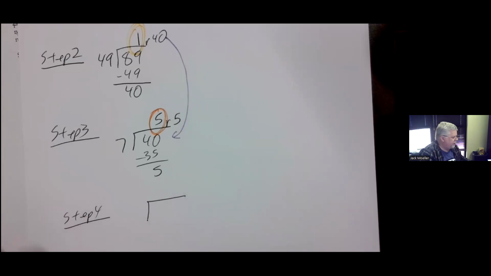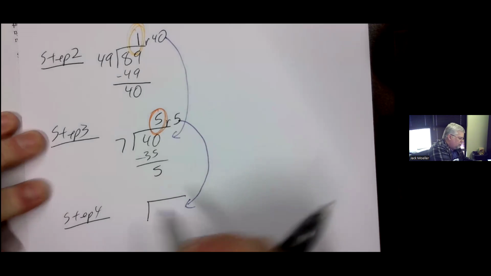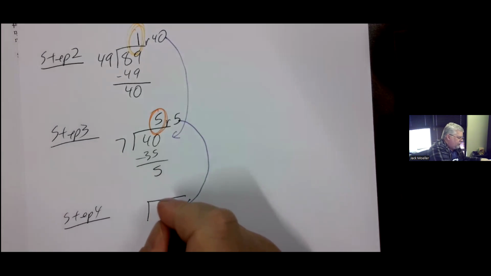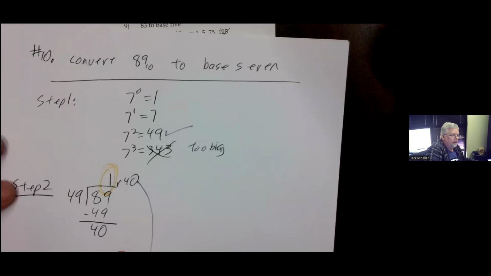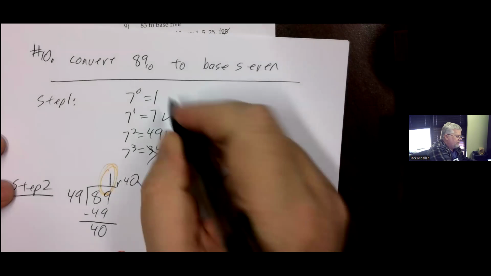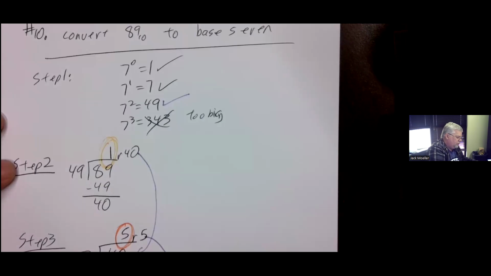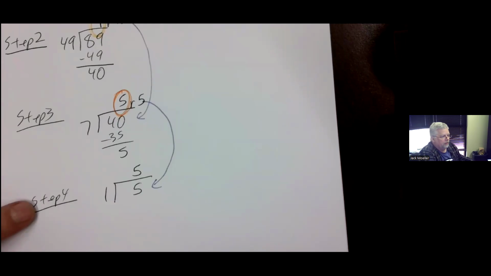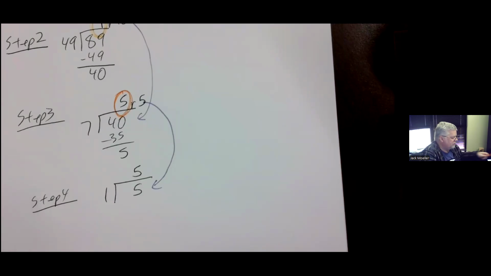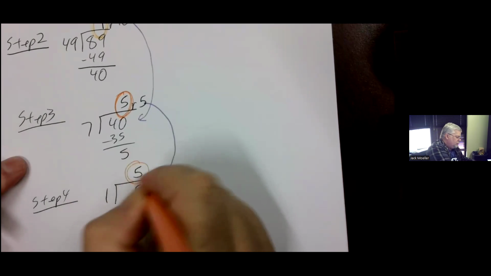So what are we going to divide this time? We bring that remainder down. We're dividing 5. What are we dividing 5 by? Well, we did division by 7. Now we're going to divide by 1. Well, 5 divided by 1 is 5. There is no remainder. So we've done our last division. But that answer is still important.